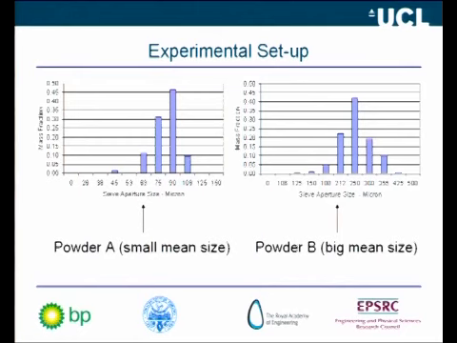So now, how did we apply this model in order to study mixing and segregation? First of all, we consider two different classes of powders, a powder A and a powder B. Each powder has a certain particle size distribution.